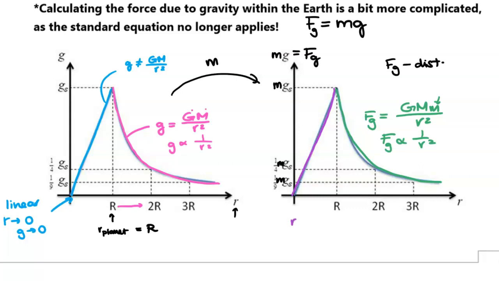Here, as r approaches 0, Fg approaches 0. So we spoke about that before. Remember, the curved portions here are when we are above the surface. The linear regions are when we are beneath the surface. This is a hybrid function, you could imagine it as. So it's very important to know these two distinct areas of the graph.